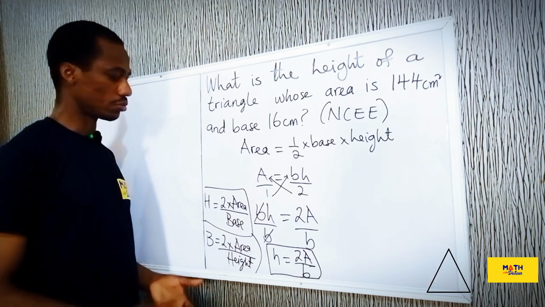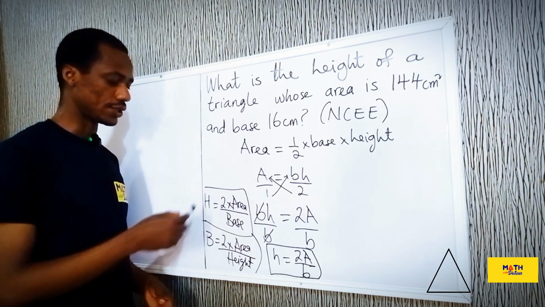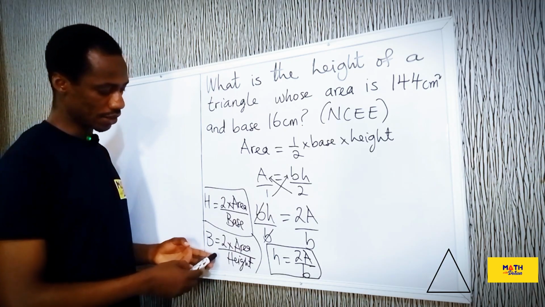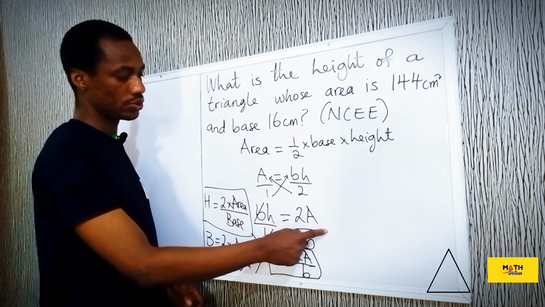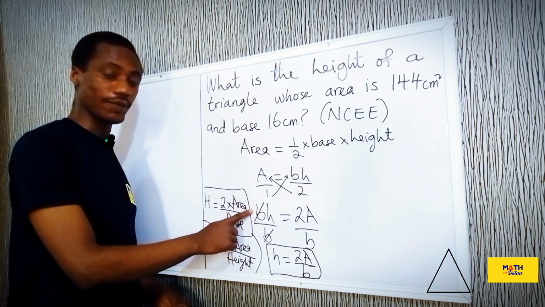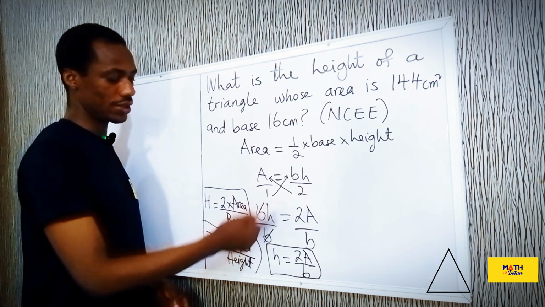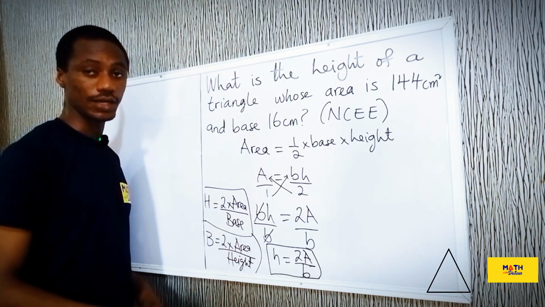So you can just go with that to calculate your base and your height. How did I come about this? Look at this point where we have base times height equals 2A. If you want B to remain, we divide both sides by H, so we will have 2 times area over height.